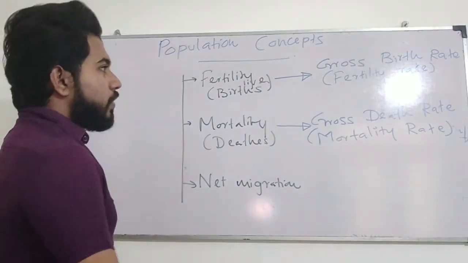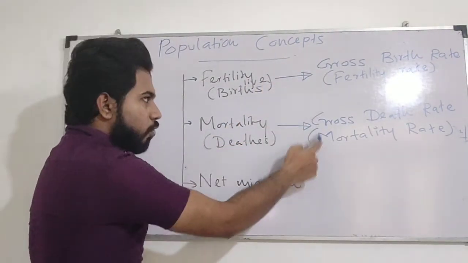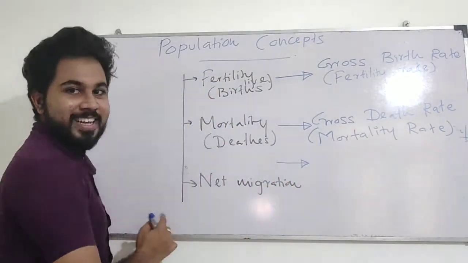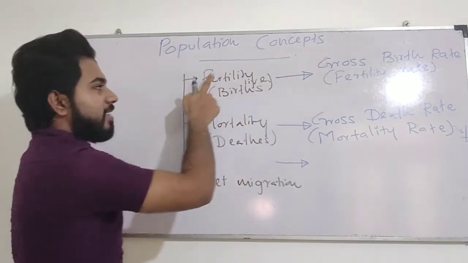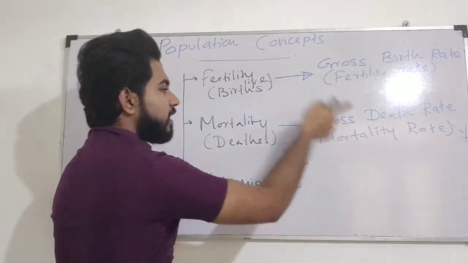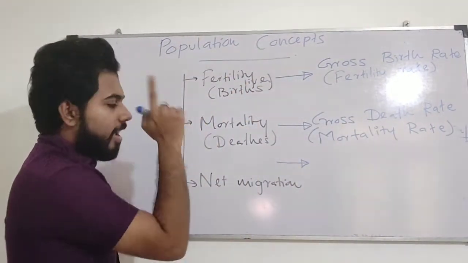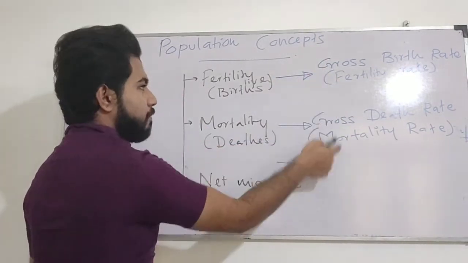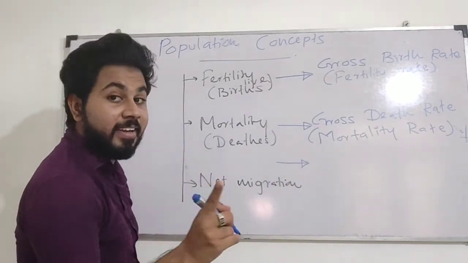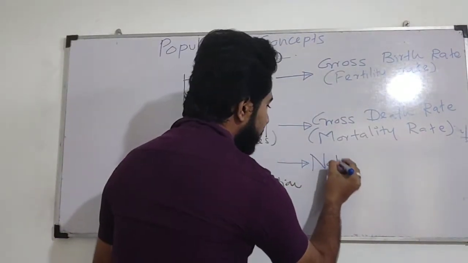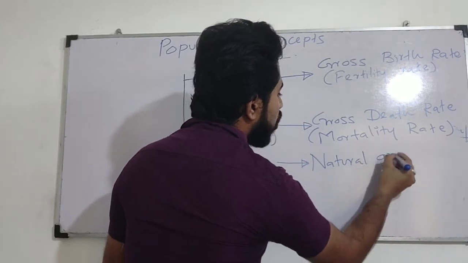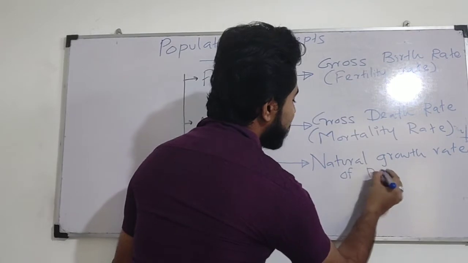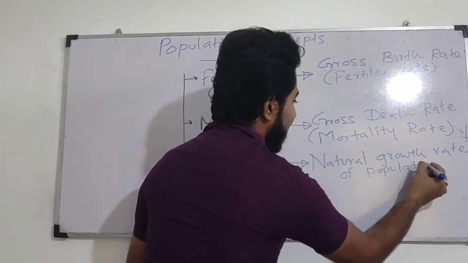Together with these 2 concepts, we will discuss another one. The gross birth rate is aligned with fertility and the gross death rate is aligned with mortality. Then another concept related to these 2, the fertility rate and mortality rate, is the natural growth rate of the population.